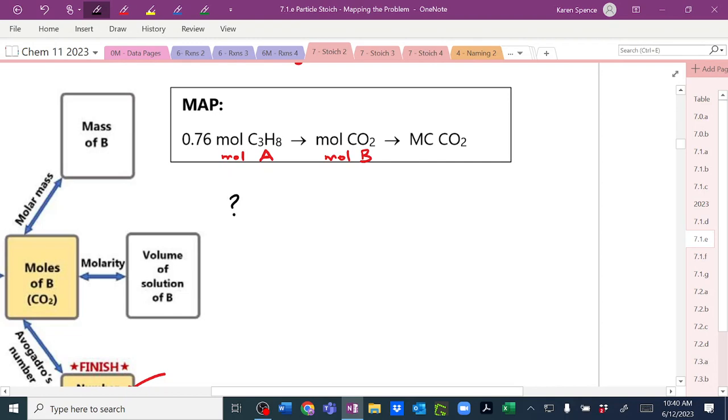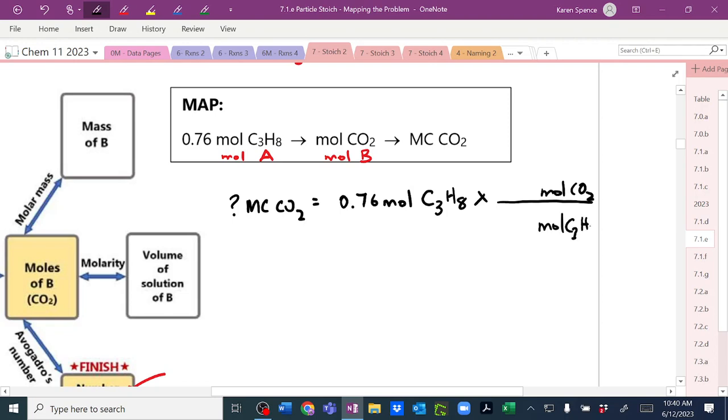So we don't know how many molecules of CO2, we are starting with 0.76 moles C3H8. We want to convert to moles of CO2 from moles of C3H8.